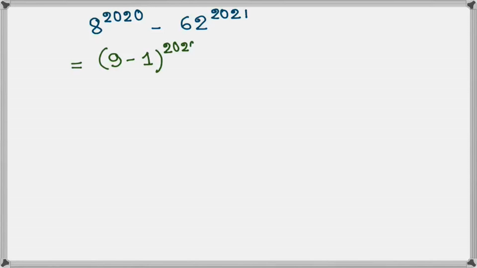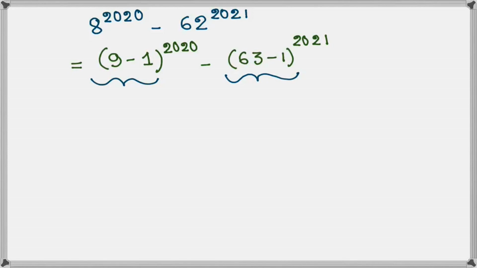Our number is 8 to the power 2020 minus 62 to the power 2021. So this one we have written as (9 minus 1) to the power 2020 minus (63 minus 1) to the power 2021. Now we write the binomial expansion of this part and then of this part.